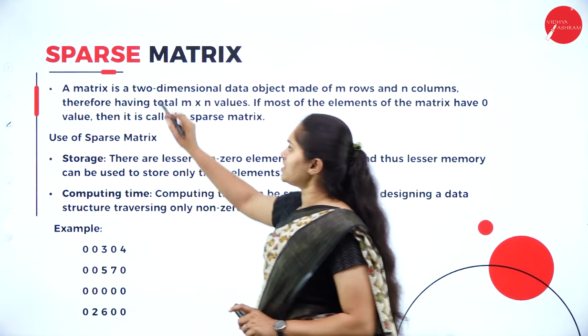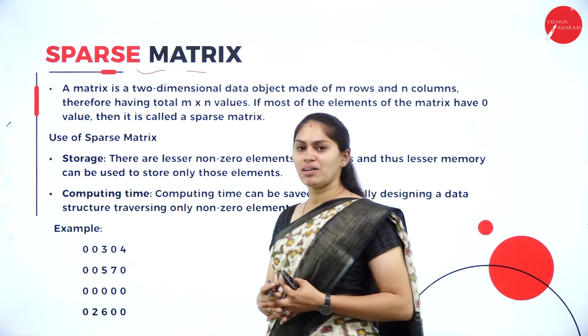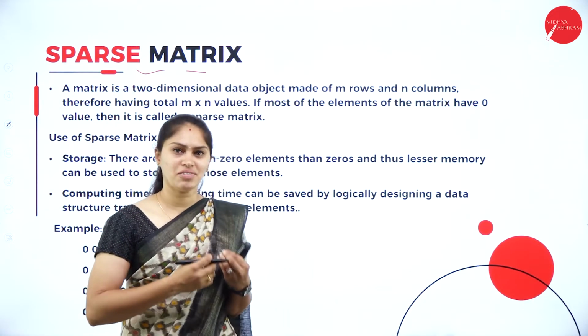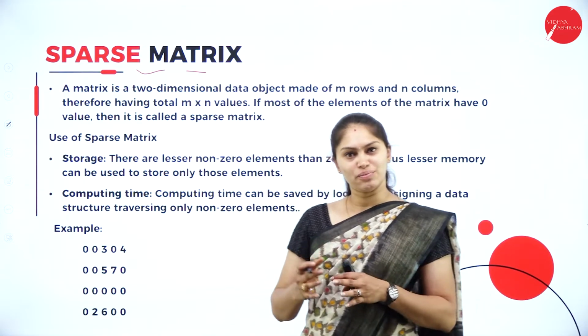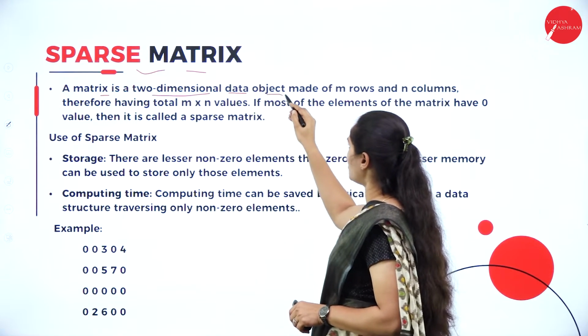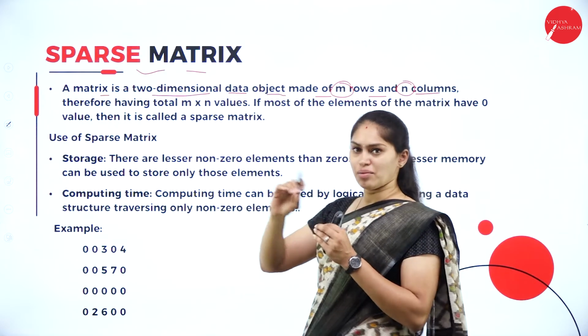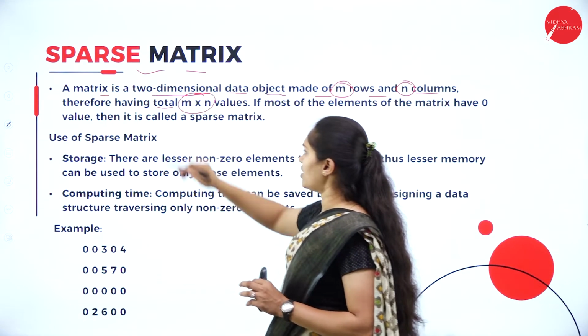And at last we have a sparse matrix. What does it mean? Sparse in the sense when we have a matrix, or when we have rows and columns, and in that I have more elements as 0, then I can call that kind of matrix a sparse matrix. A matrix is a two-dimensional data object made up of m rows and n columns, therefore having a total of m cross n values.